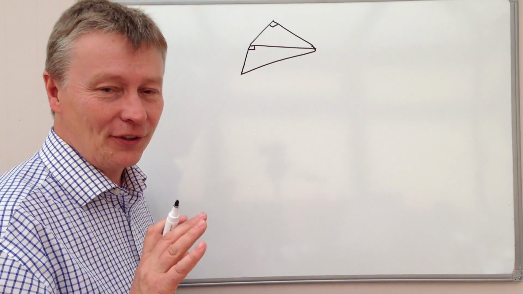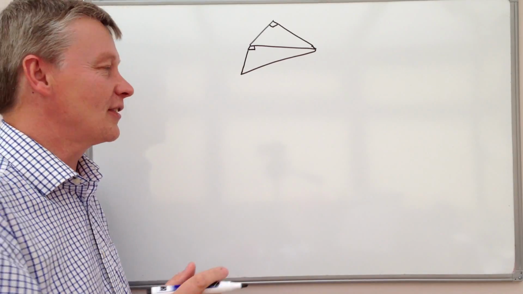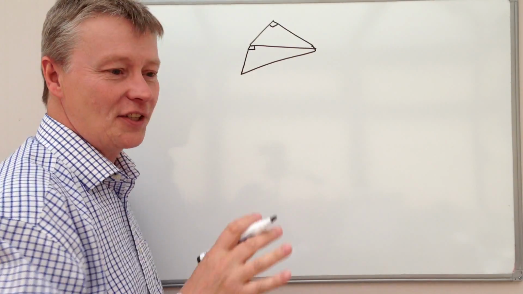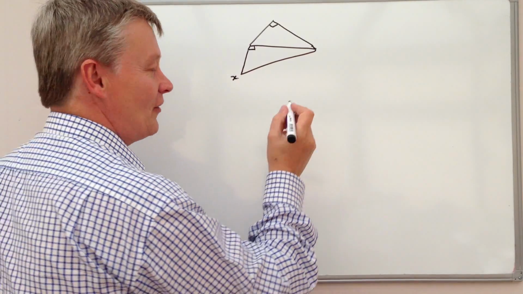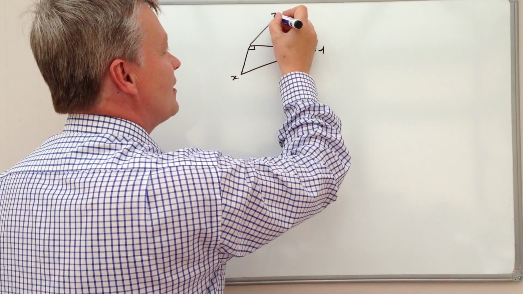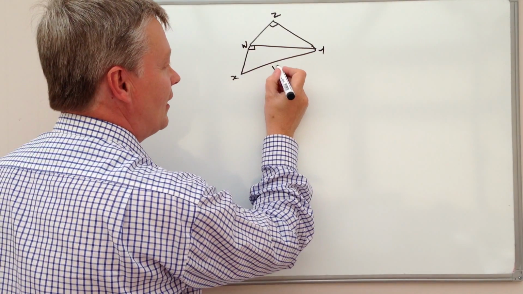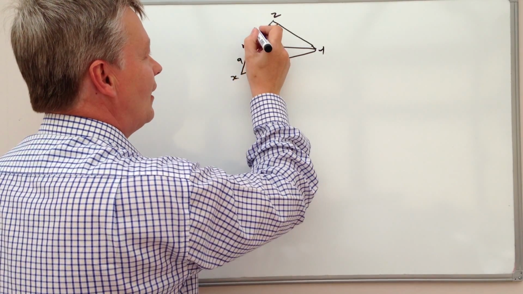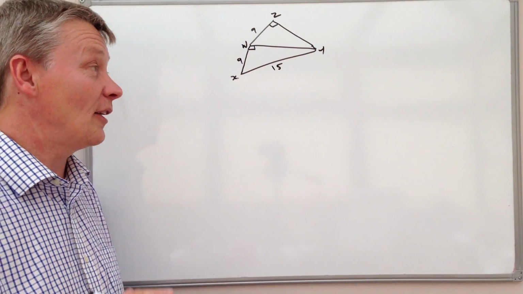So we've got two triangles, and the information they give us is, and this is where it gets a little bit awkward, this is X, this is Y, this is Z, and this is W. And they tell us this is 15, this is 9, and this is 9. The question is all about two things.